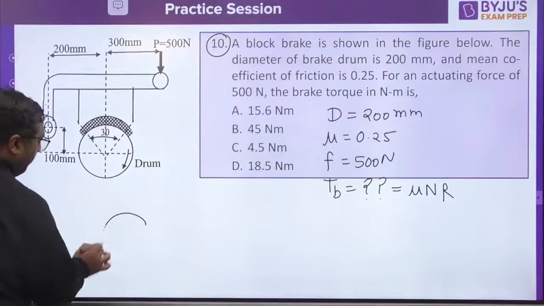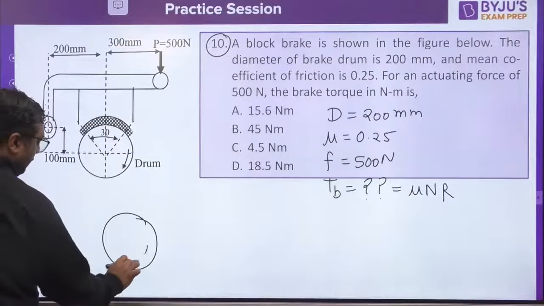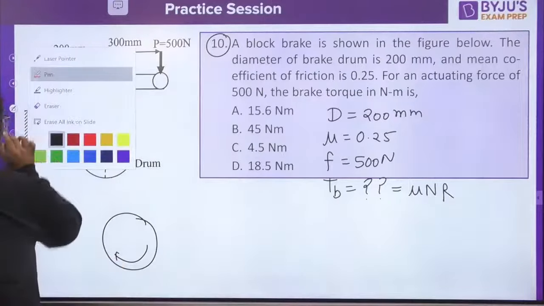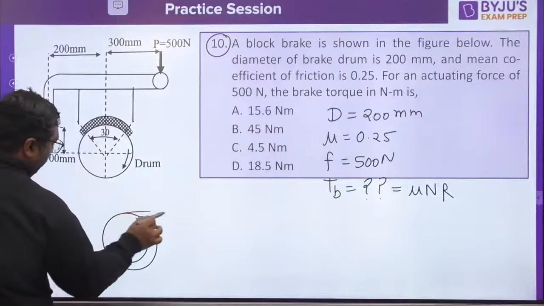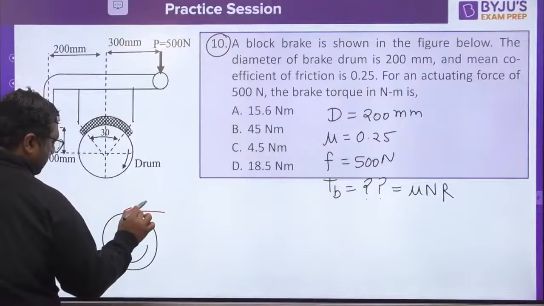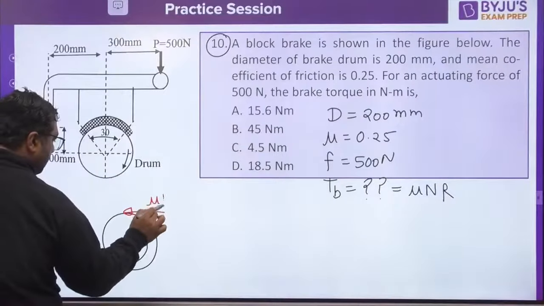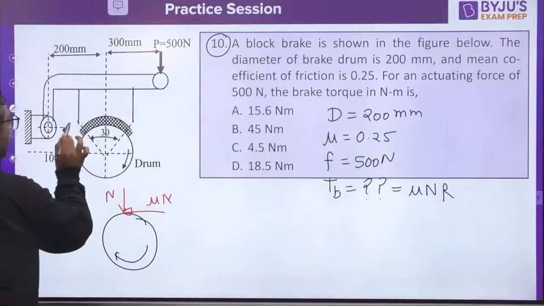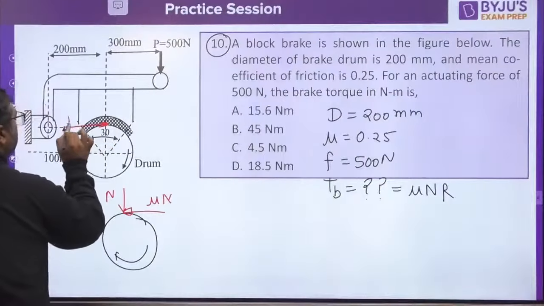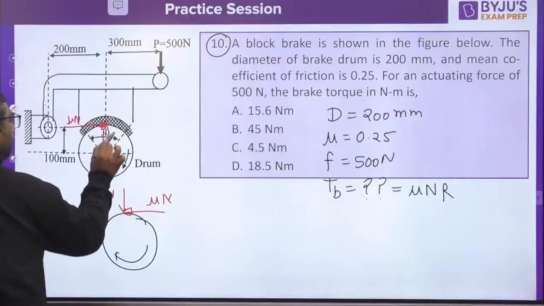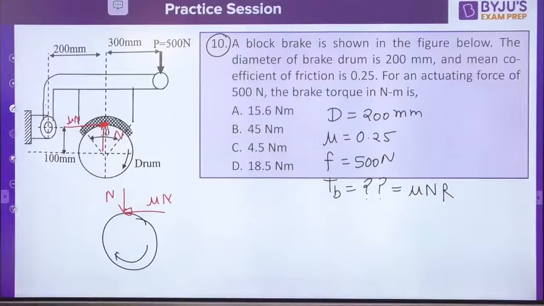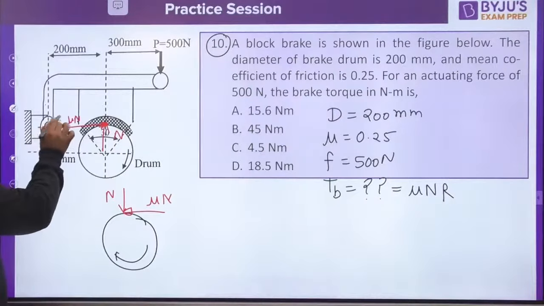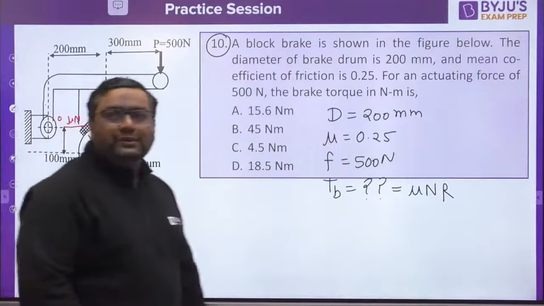So if this is the drum, this is rotating like this. So here would be mu N, here would be N. So here would be mu N, here would be N. Apply summation moment O to be 0.